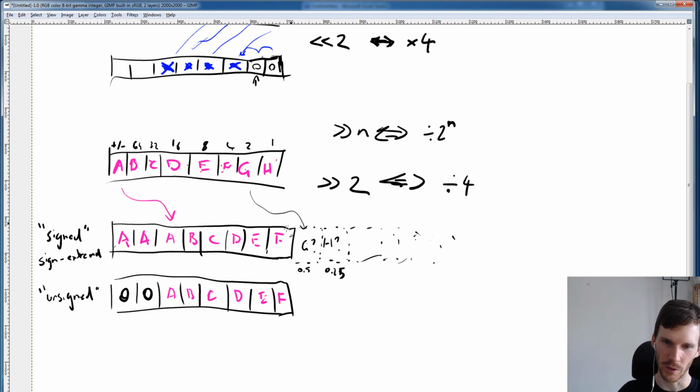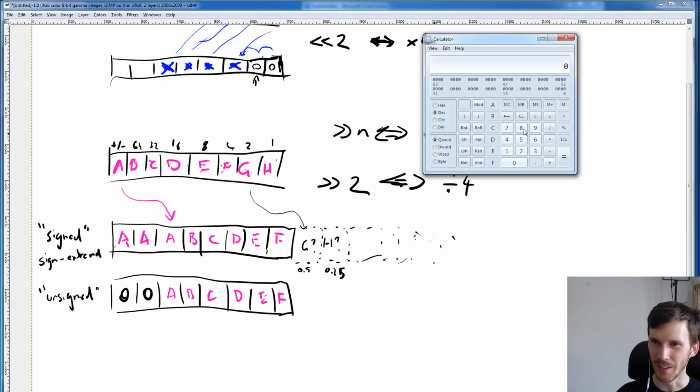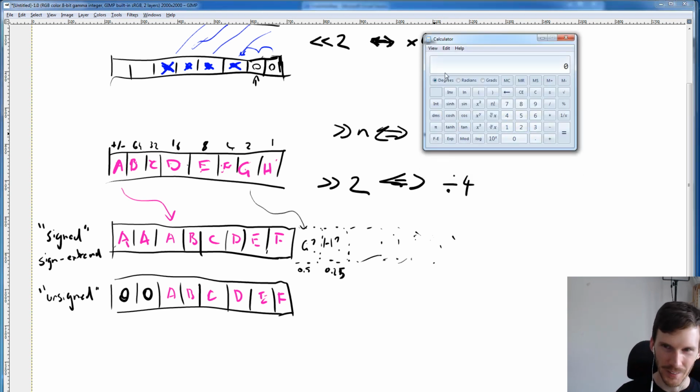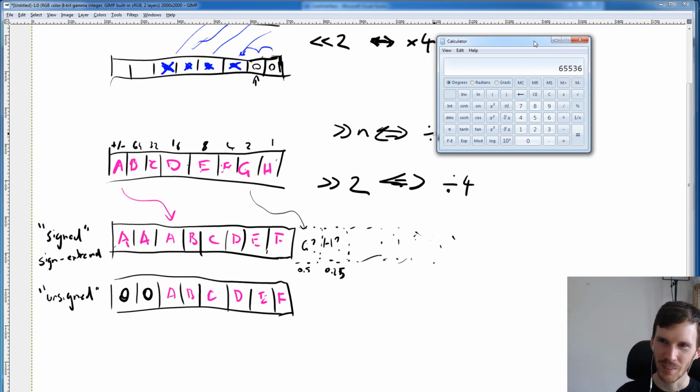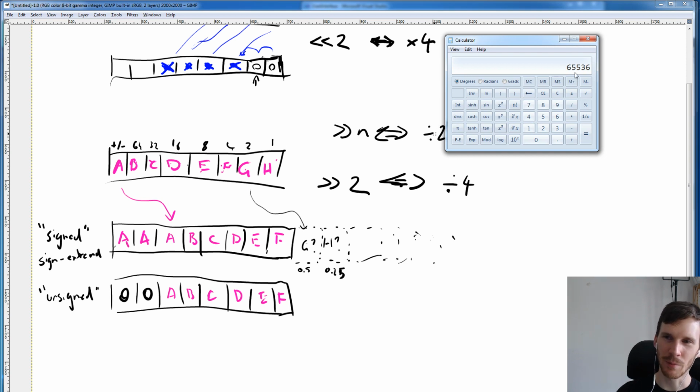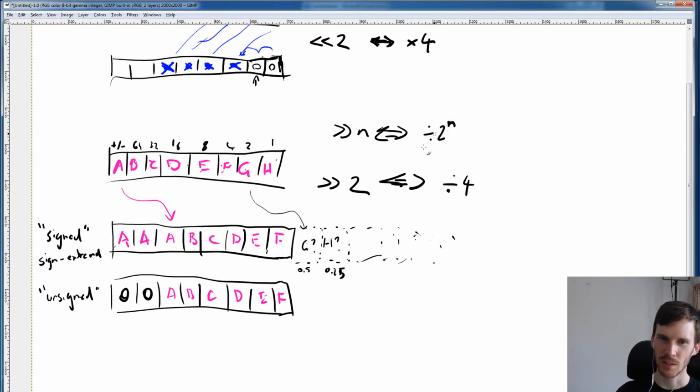Basically every time we do an operation we're multiplying by 2 to the 16, 65536. I said 65436, I missed one number. We could have implemented this just by multiplying by this number and then dividing by this number, but the reason we do it this way, of course, is it's way faster to do a bit shift.